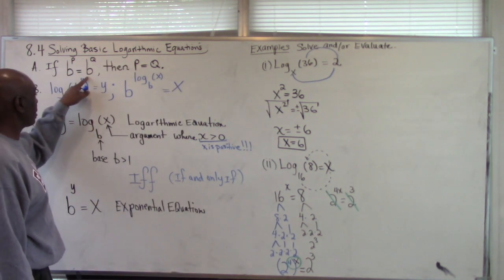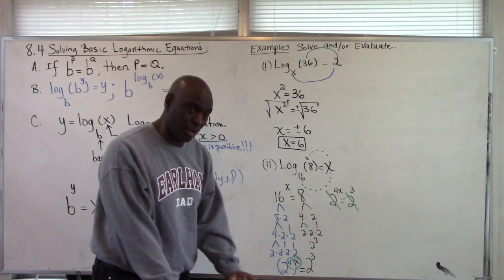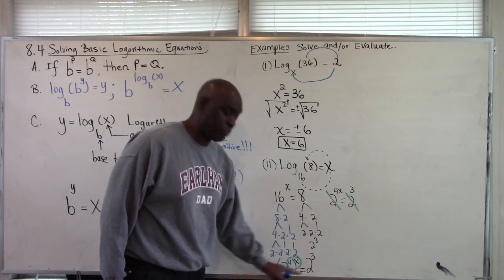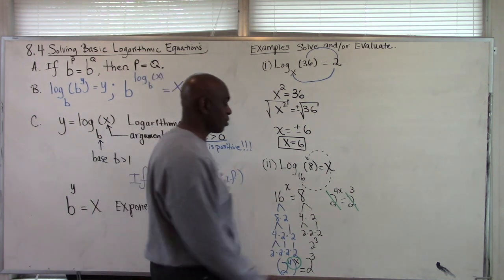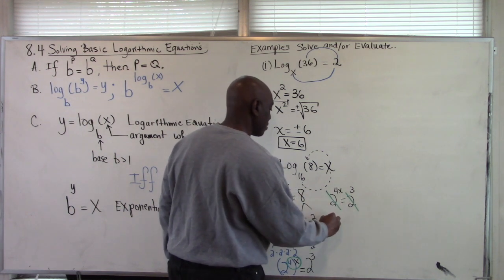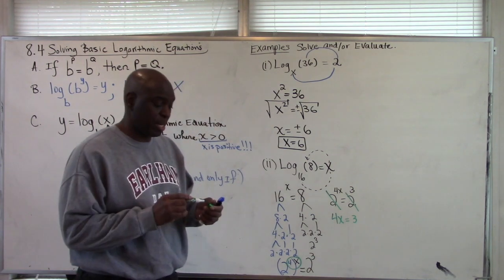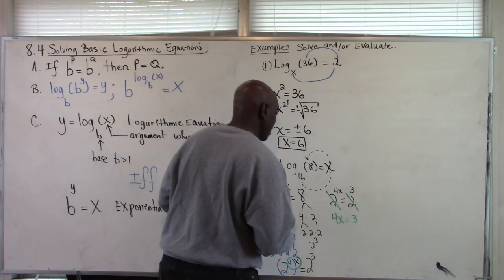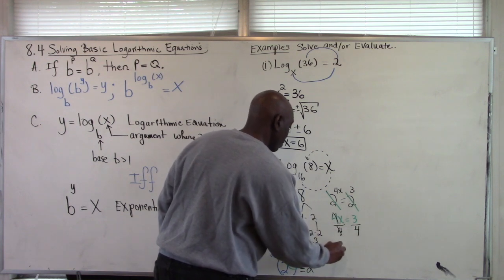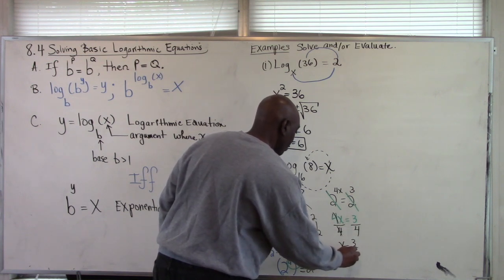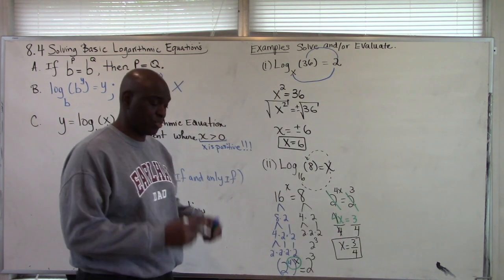B and B. We have taken 16 and 8 and we've broken them down to give me a base 2. Because in order for us to operate, we need the same base. So since the 2's go away, we have 4x equals 3. We can solve that now. Divide both sides by 4. 4's cancel. So x equals 3/4. And this is done. Not too bad. That's doable.